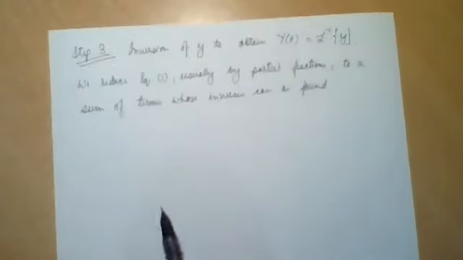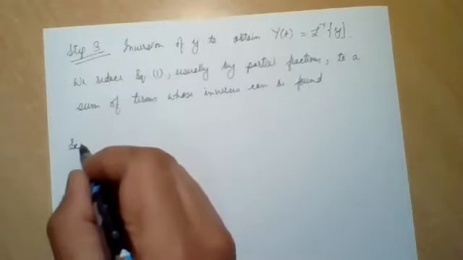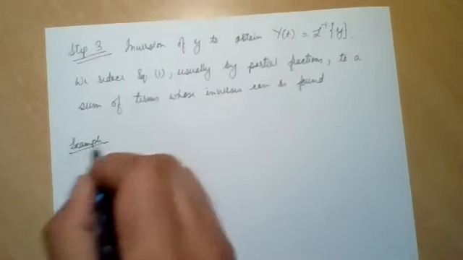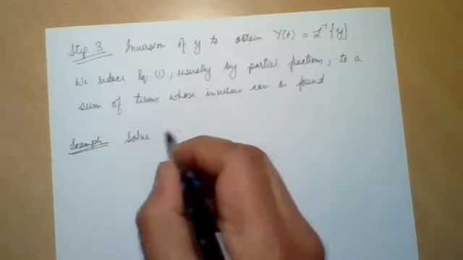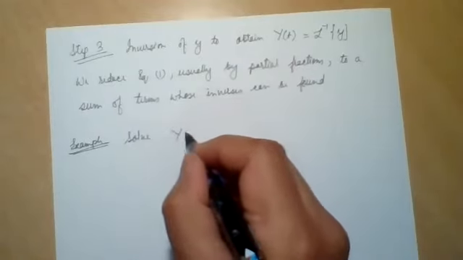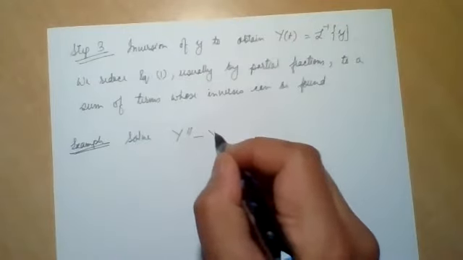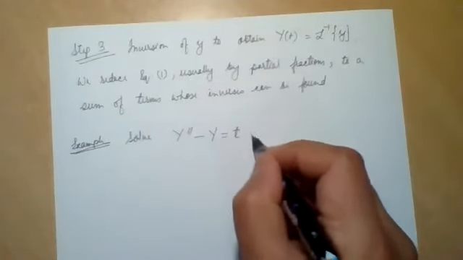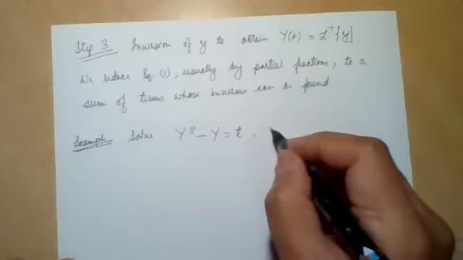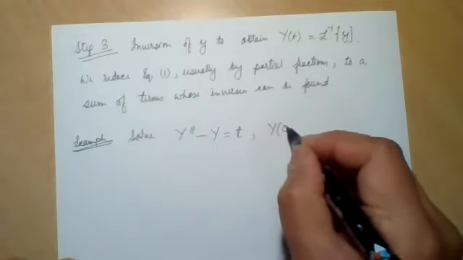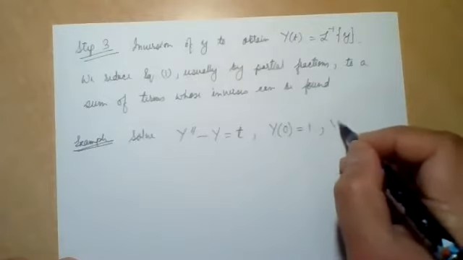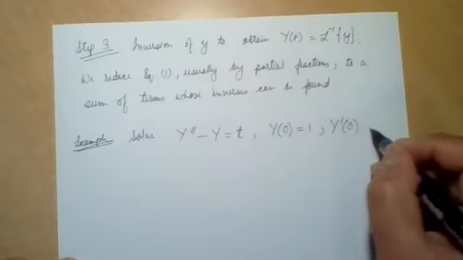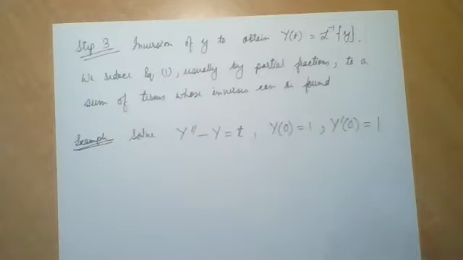So let us look at one simple example. Solve the differential equation y double prime minus y equal to t, subject to the initial conditions: the value of y at initial time is 1, and the value of y prime at initial time is also 1.